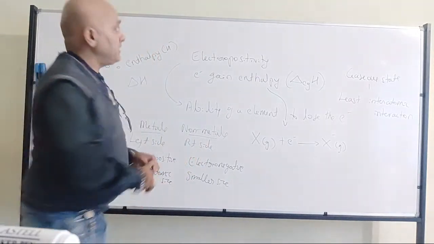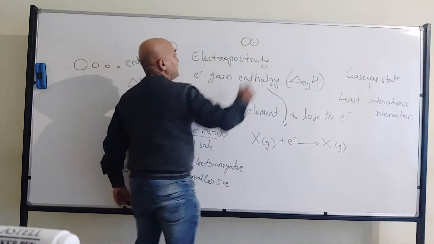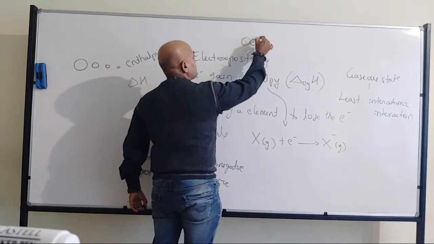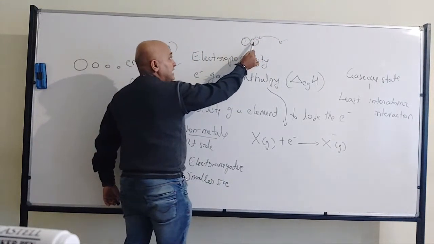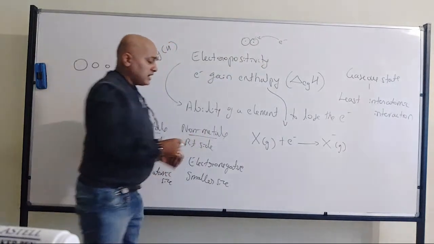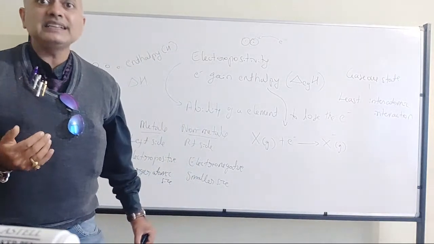Otherwise, what will happen? If there is an interaction between two elements, now we are talking about removing or gaining of electron. That can be due to this nuclear force or this nuclear force, which can also help that electron to be taken easily.